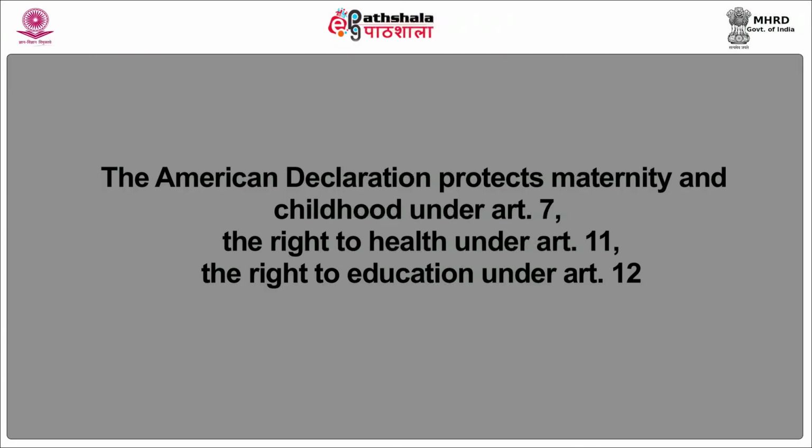The American Declaration protects maternity and childhood under Article 7, the right to health under Article 11, the right to education under Article 12, the right to take part in cultural life under Article 13, the right to work and fair remuneration under Article 14, the right to rest and leisure under Article 15, and the right to social security under Article 16.